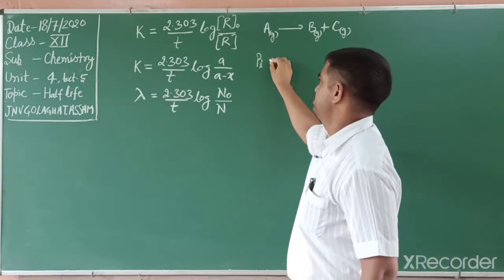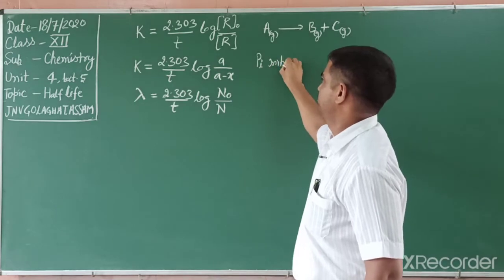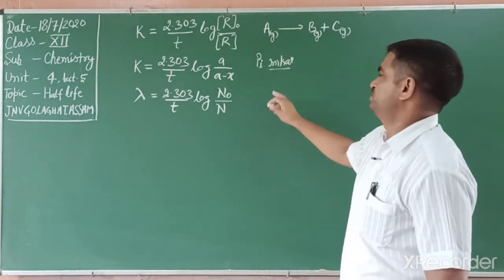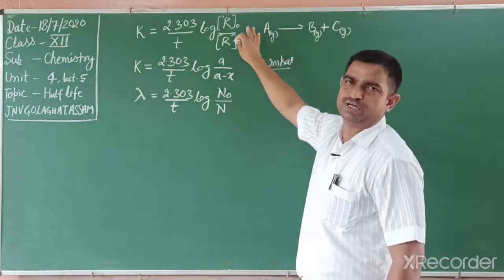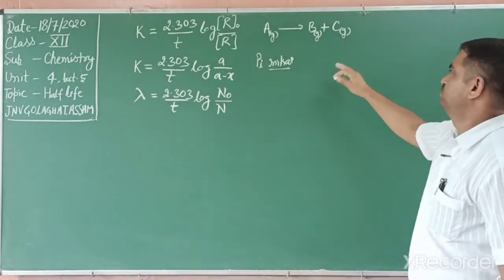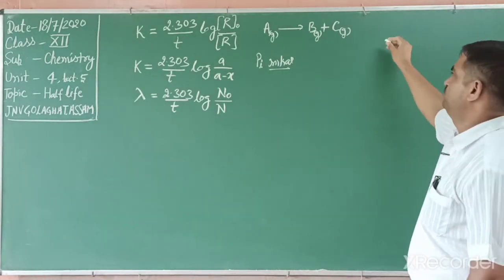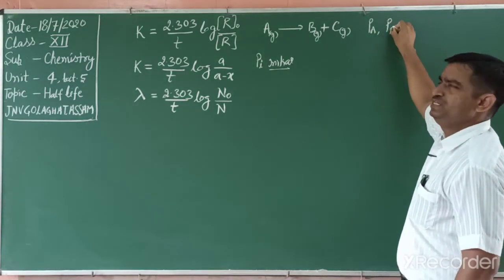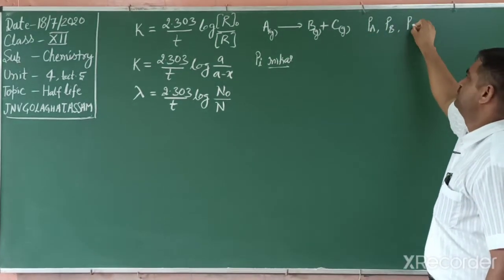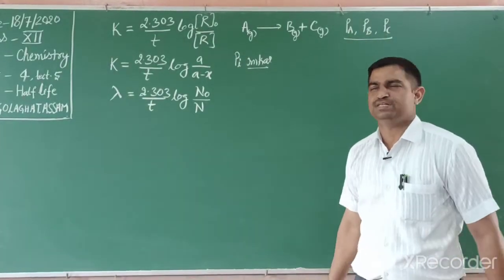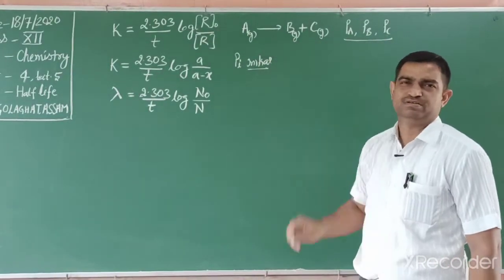We can write the initial pressure, or Pi, as equal to the partial pressure of component A. For all the components, we can represent their partial pressures as PA, PB and PC. PA, PB, PC are the partial pressures of components A, B, C.